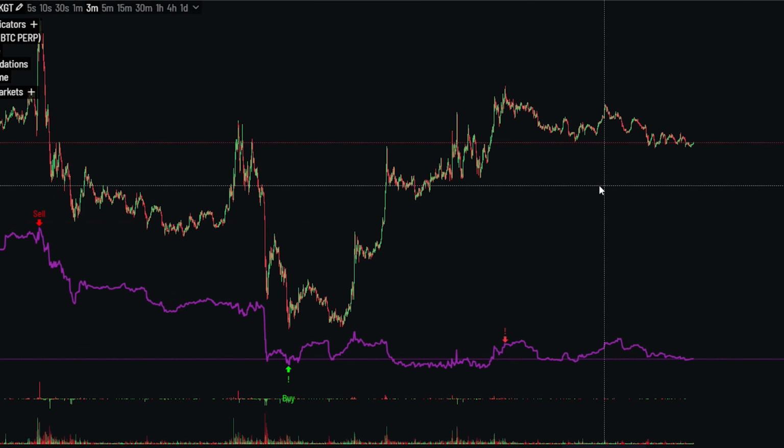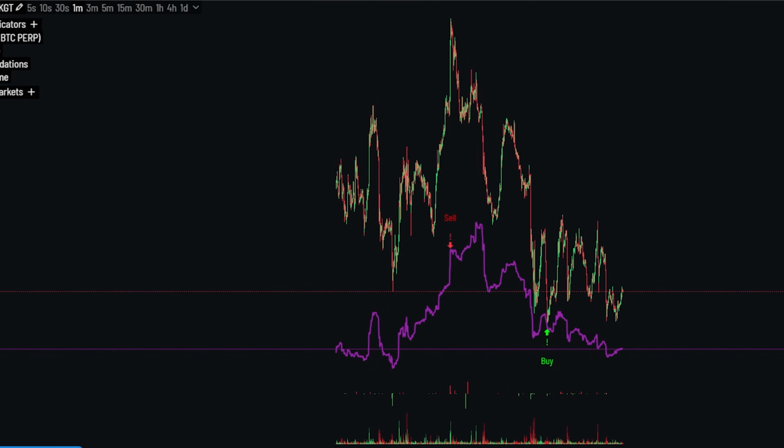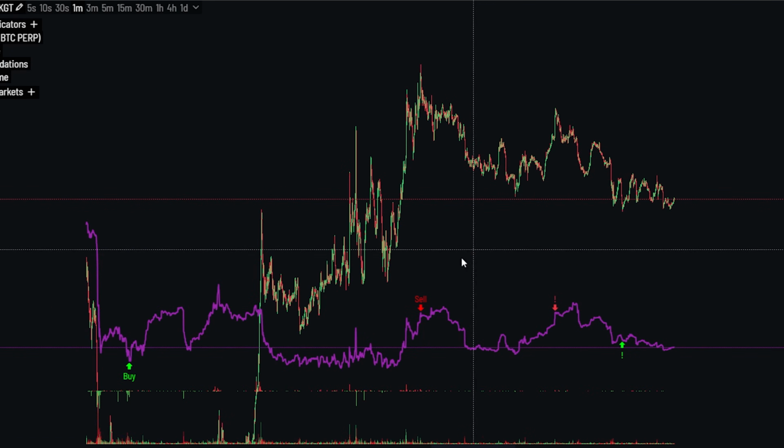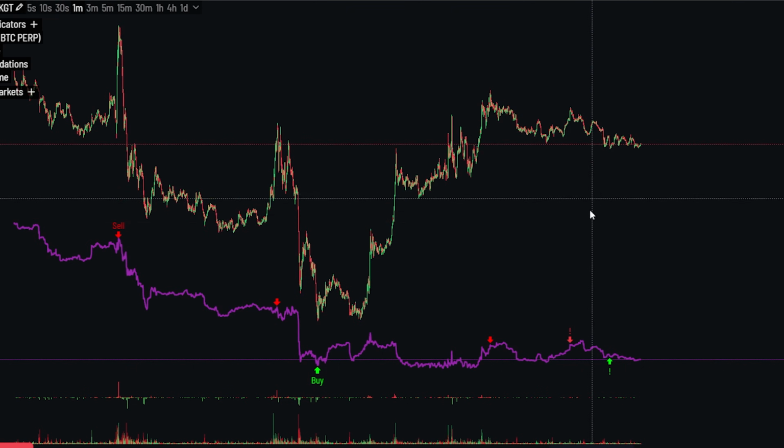If we take a look at SUI on the 1-minute chart on the KGT indicator, we can see that we have bearish signals there for SUI.